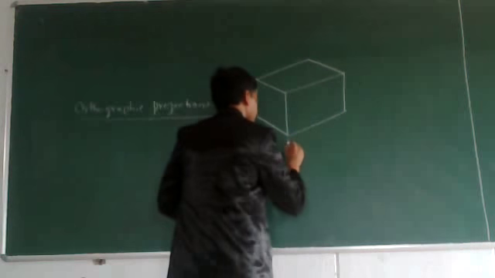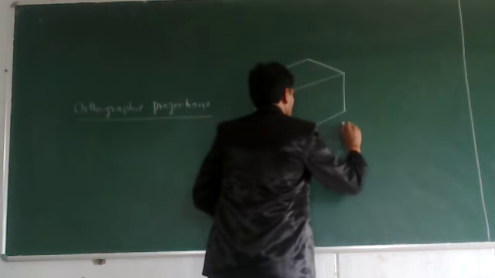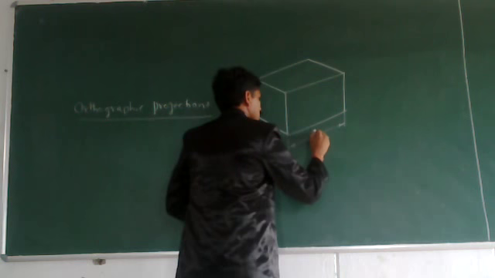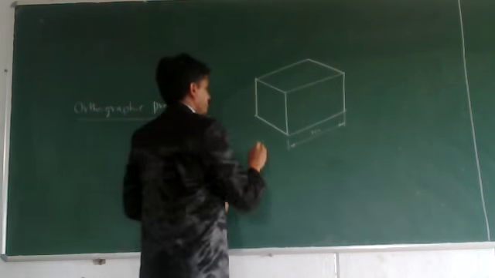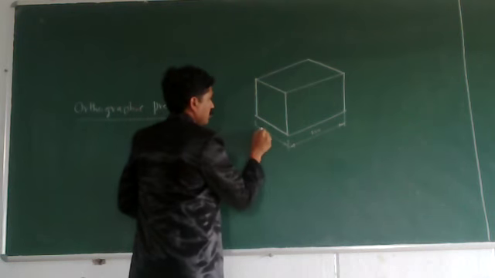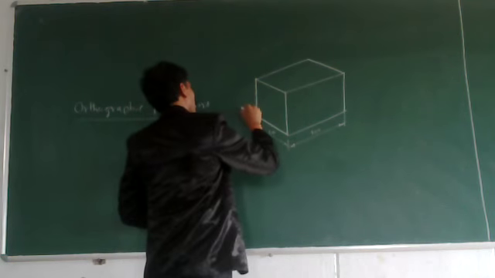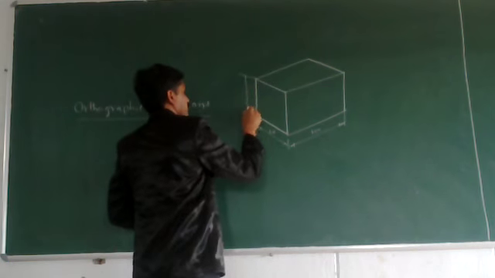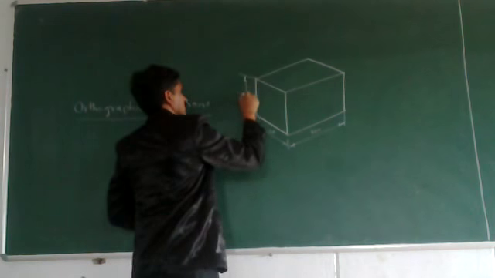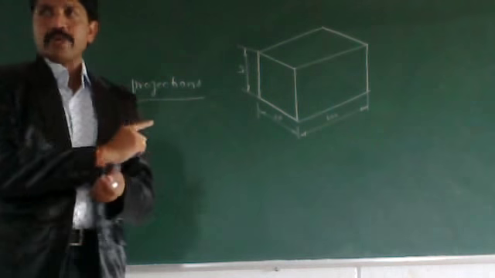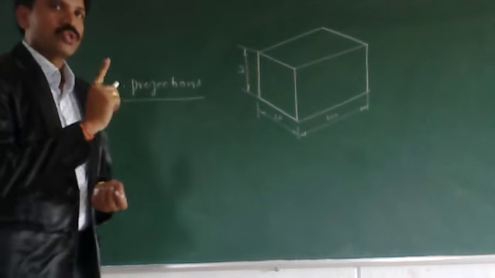See the dimensions for this one. So the length is 100 and the width is 50 and the height is 40. So this is the object. This one is a 3D or 2D? 3D. This is a 3D.